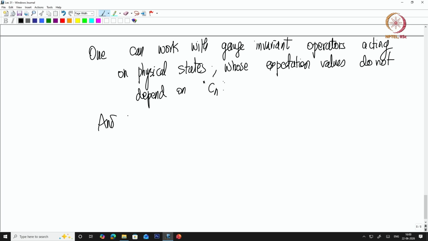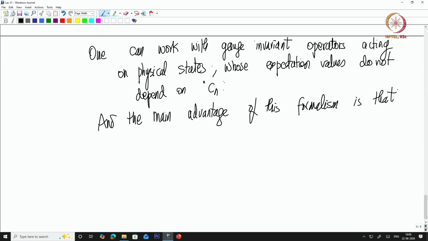the main advantage of this formalism is that it's Lorentz invariant. Okay, good.